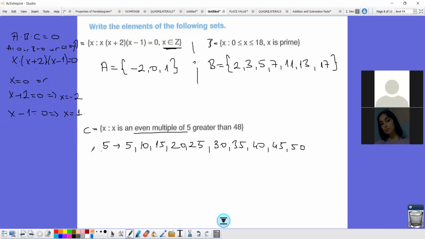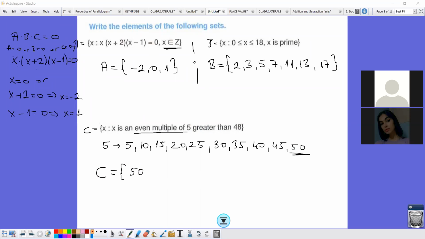So here we have, as you see, I wrote the multiples till 50. Here it says an even multiple of 5 greater than 48. So which one will it be? 50. Okay, because it says one number only.